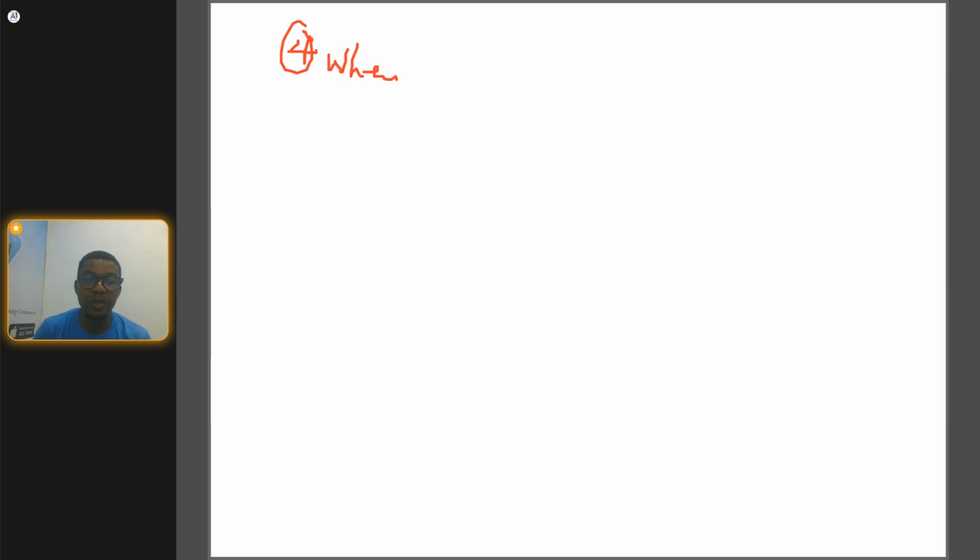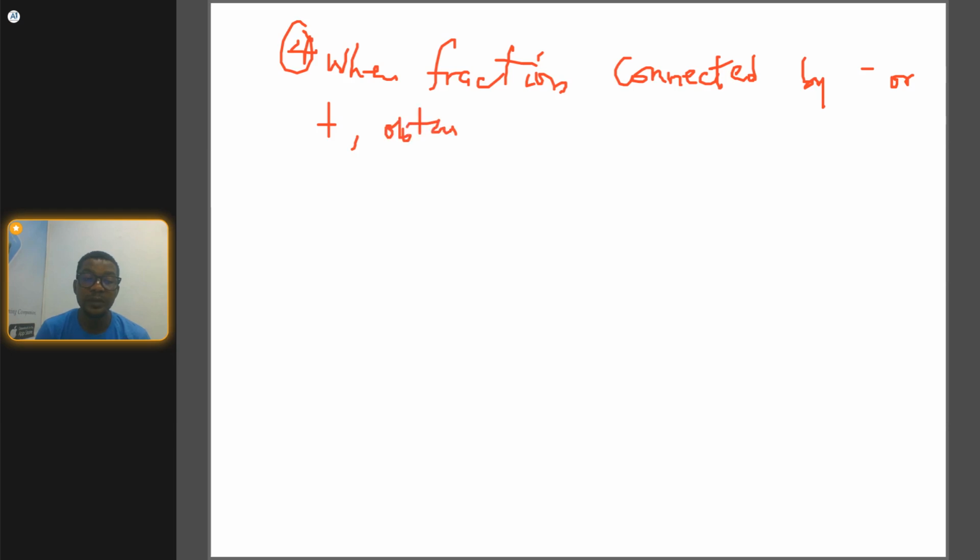When you have fractions connected by minus or plus, all you have to do is to obtain the LCM.